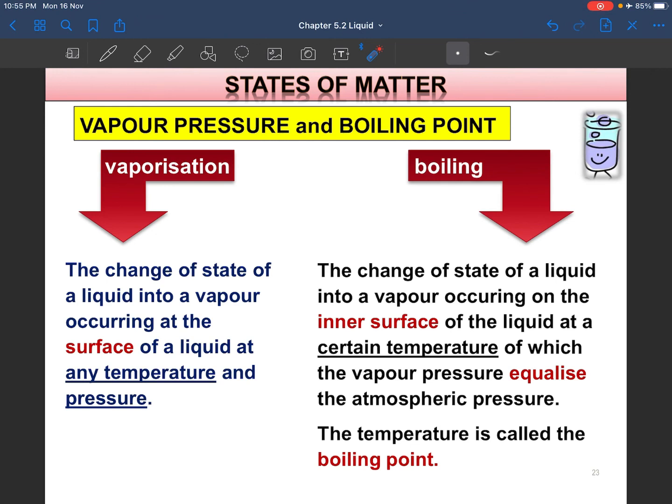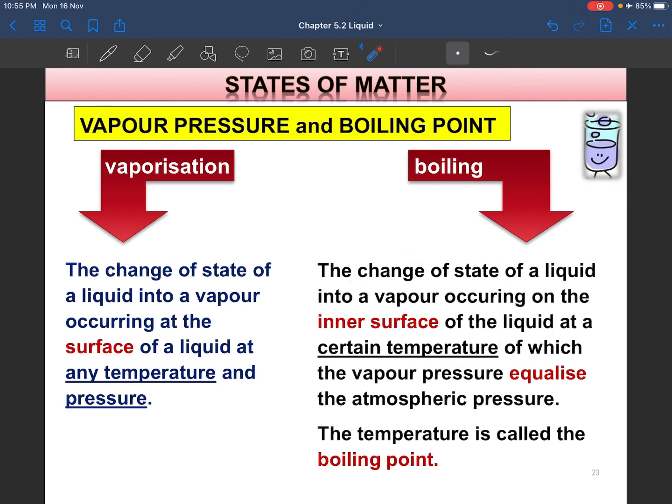Tapi kalau untuk boiling, the change of state of a liquid into vapor occurring on the inner surface of the liquid at certain temperature of which then the vapor pressure equalize the atmospheric pressure. So ini explanation yang saya cakap tadi lah.